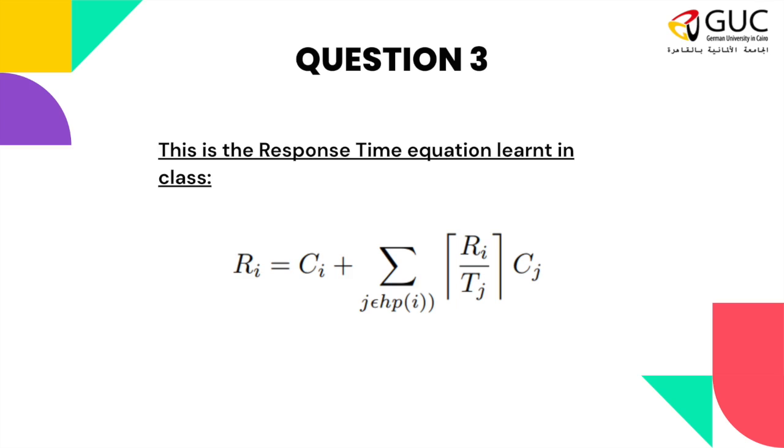If you remember the previous two questions, we had three tasks, A, B, and C. Task C always had the highest priority, while A had the lowest priority.